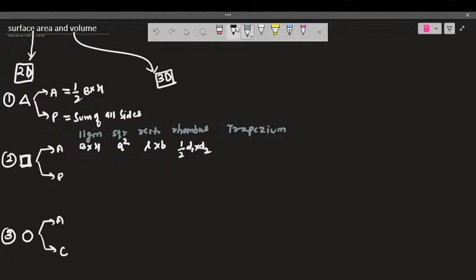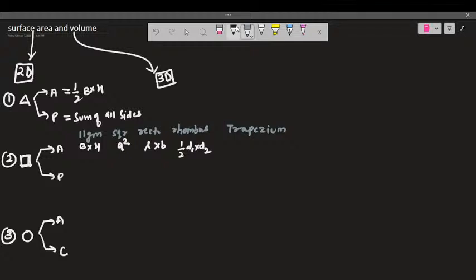Like this is your trapezium, then distance between these two. And this is A, this is B, then this is H. You can also call it half A plus B into H.